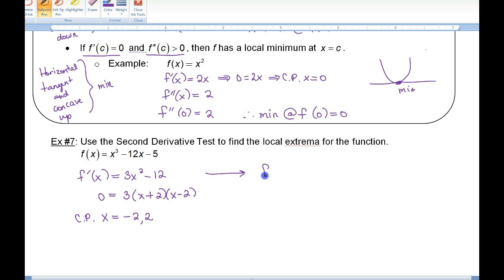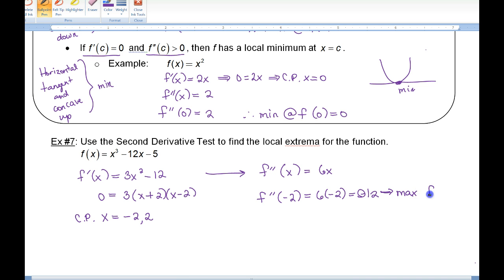Now, over here, let's do the second derivative. So that's going to be 6x. And then what I want to do is plug in, since -2 was one of our critical points, 6 times -2 is -12, right? So if it's negative, this means that we have a max. What's the max?